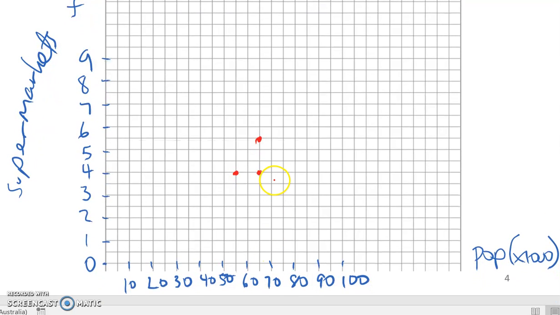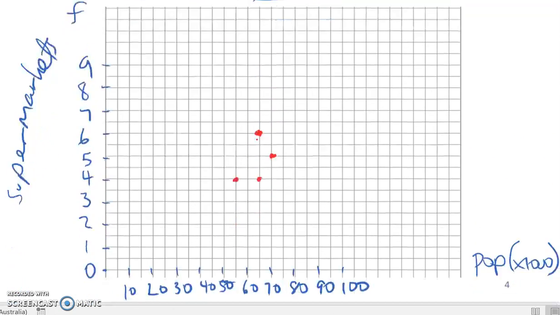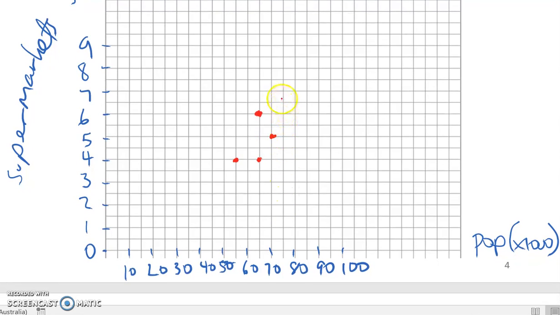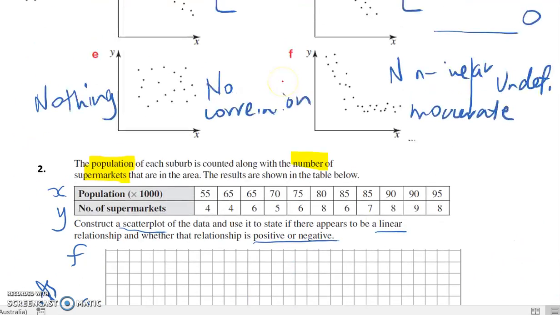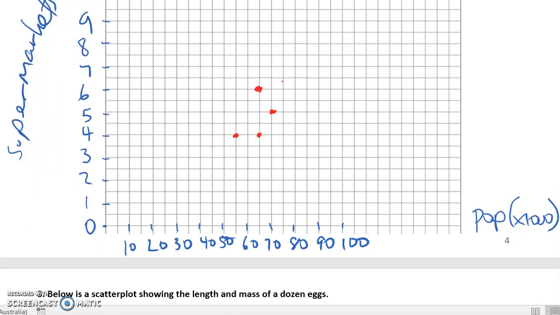So at 70, I'm at 5. Oh, I did that one in the wrong spot. Okay, at 75, I'm at 6, sorry. It's a bit hard to see on here.